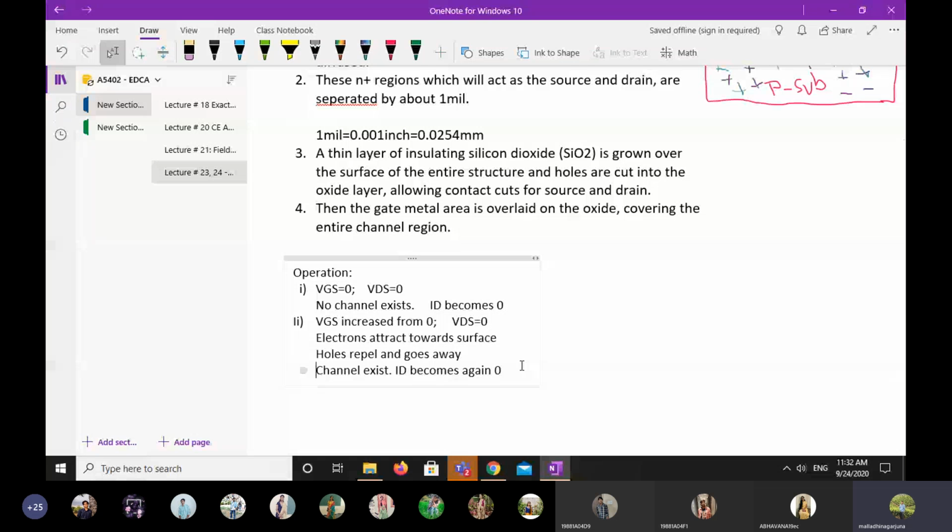And the next, third point, is now VGS increases from 0 and VDS also increases from 0.